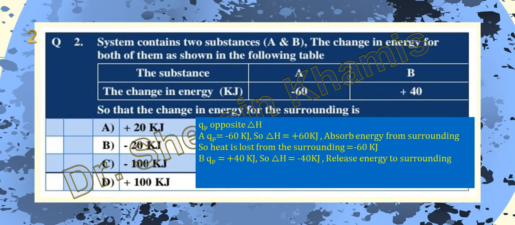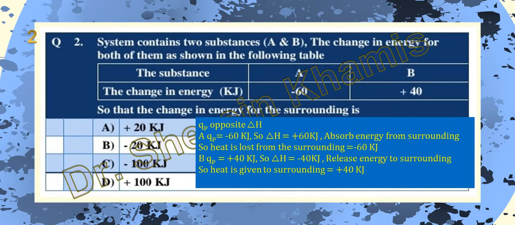One substance takes 60 from the surrounding and the other releases 40 to the surrounding. This means the surrounding loses 20 kilojoule, the difference between the two substances.